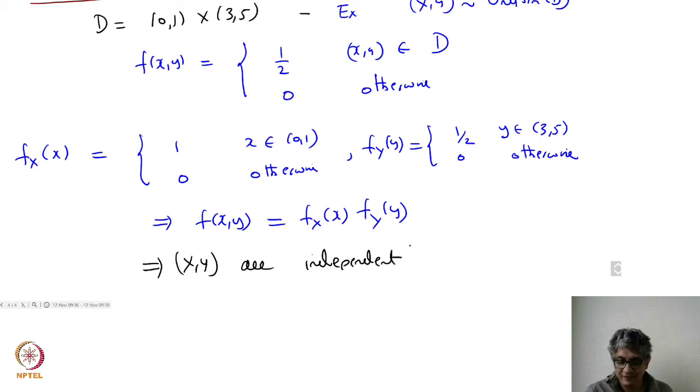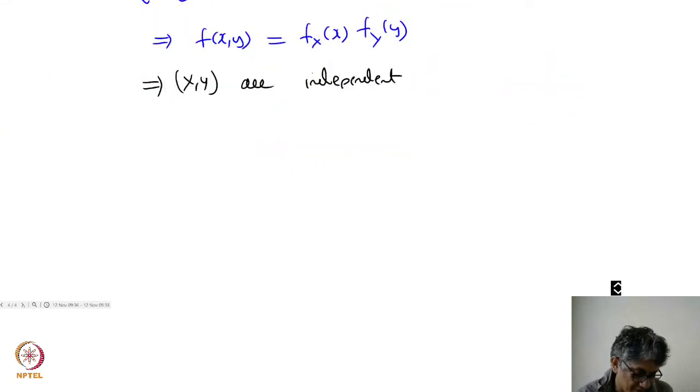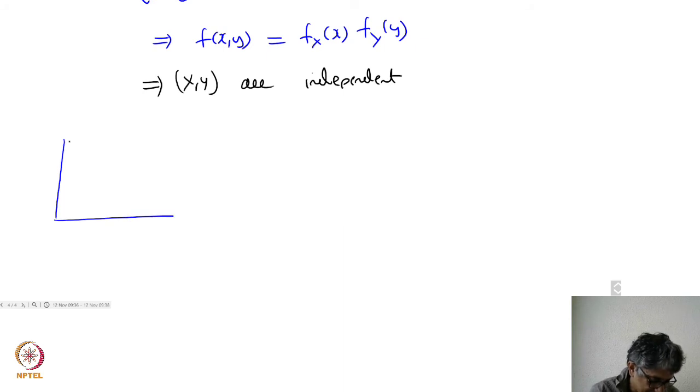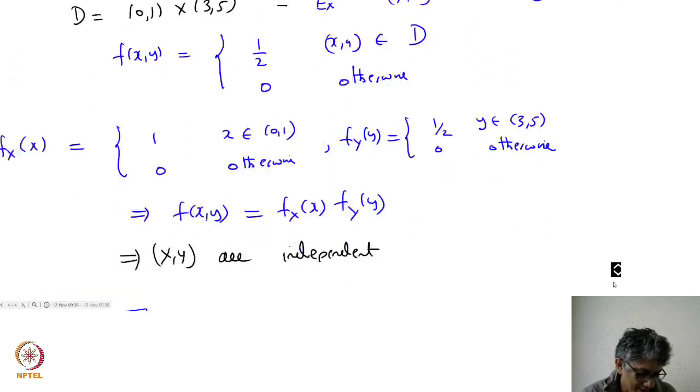So what does this pictorially mean? What did I start off with? I started off with a D. D was 0, 1 on the x-axis and 3, 5 on the y-axis. Sorry about that, I was fumbling. So x was 0, 1 and y was 3, 5.